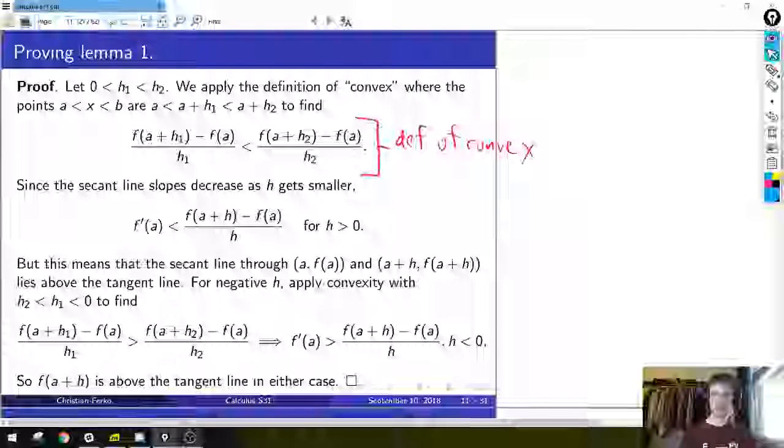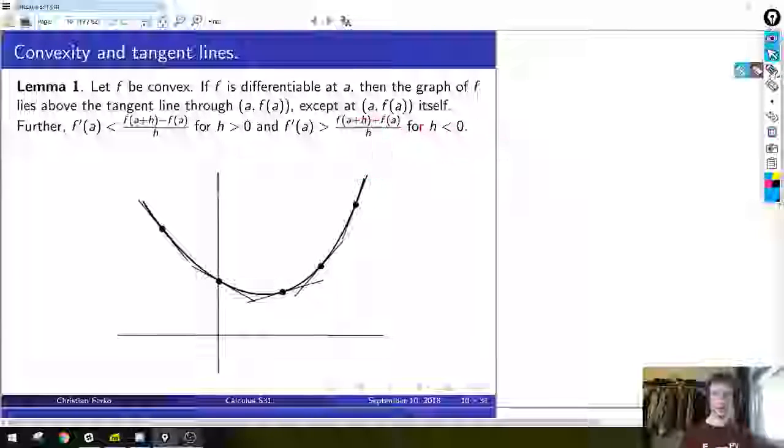Yeah, so if the tangent line slope is less than the secant line slope, the way that it is here, for instance, here the secant line slope is more steep, then this is the statement that the graph lies above the tangent line, because the secant line, by definition, connects 2 points on the graph. So if this is steeper, then the point on the right must be above the less steep line. Okay, so that proves the thing we need when h is positive.